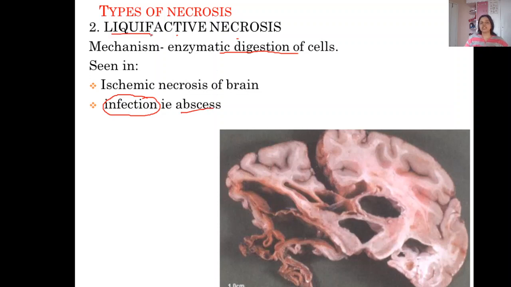As the name suggests, the tissue is liquefied due to the enzymatic digestion of the cells. It is also seen in ischemic necrosis of the brain. You see over here that this is a normal brain, but over here you cannot make out the brain because all this has been digested by the enzymes, and there is a liquefaction which was removed while processing.